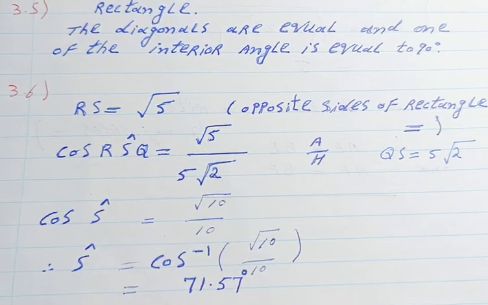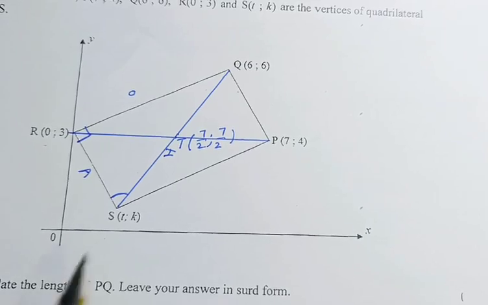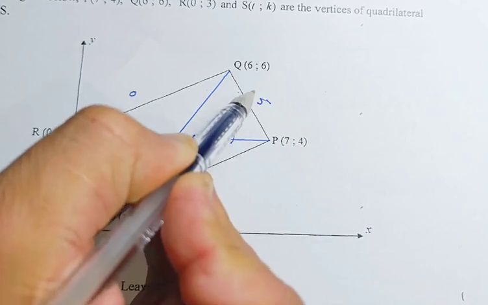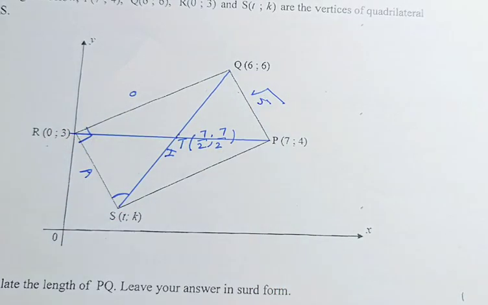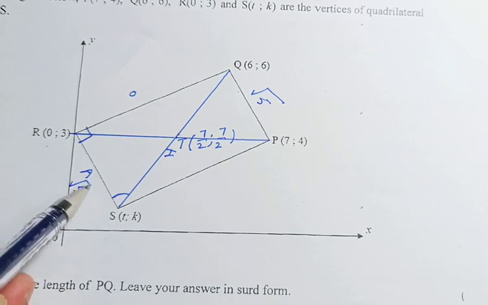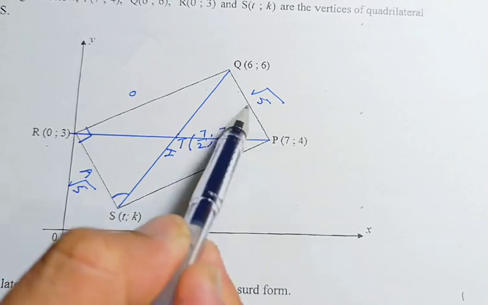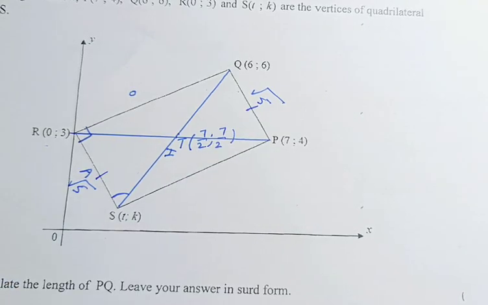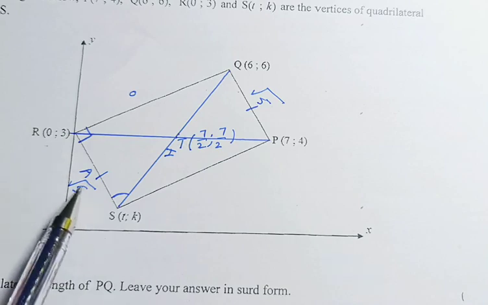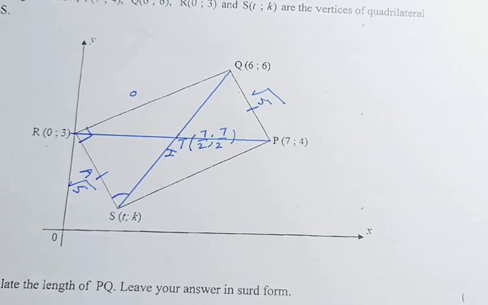Remember the PQ length we already got, 5 square root. So this is also going to be 5 square root because opposite sides are equal in a rectangle.